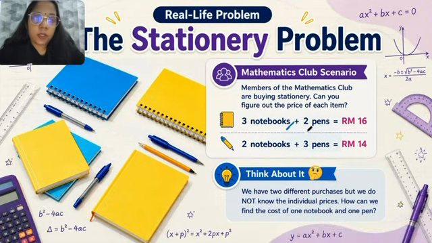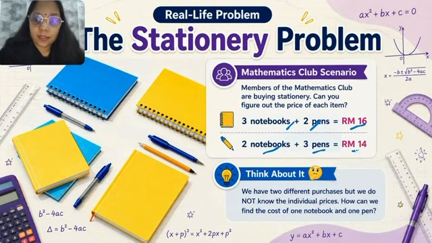Three notebooks and two pens cost RM16. And the second one: two notebooks and three pens cost RM14. Now, if I ask you immediately how much one notebook costs and how much one pen costs, you might say, "Teacher, I don't have enough information yet."